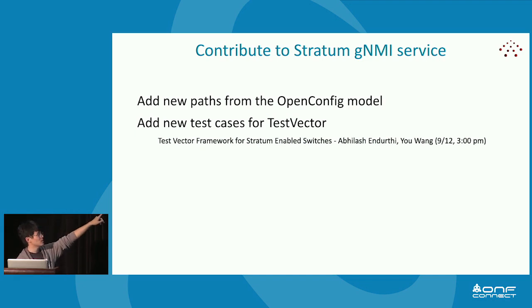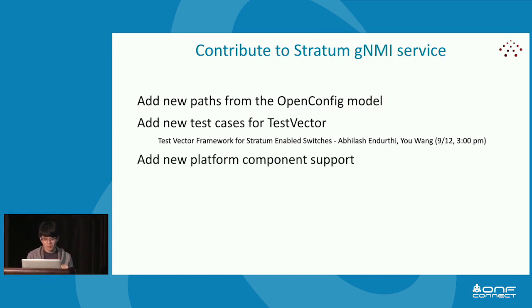Also, we have a talk here called test vector framework, at 3 p.m. today, and tomorrow, about new platform component support. So currently we have 6 vendors, and we have 8 platforms supported. If you want to join, feel free to join to support your platform with the open API.